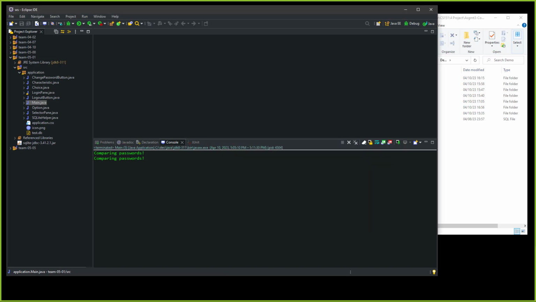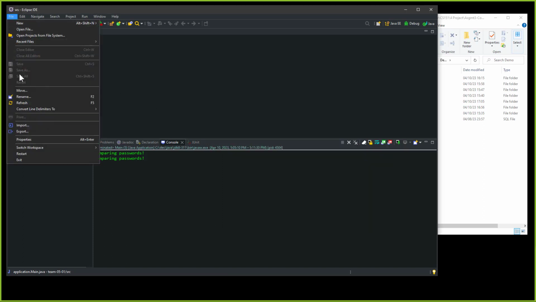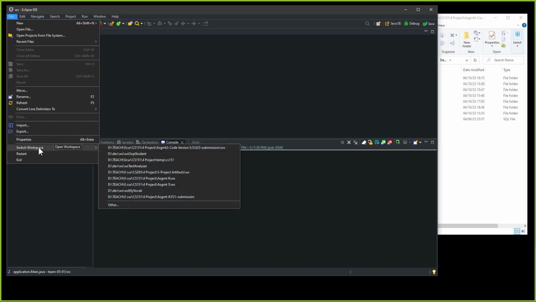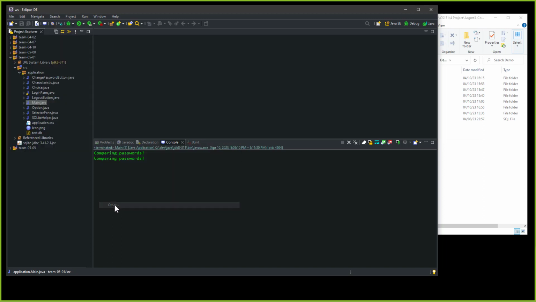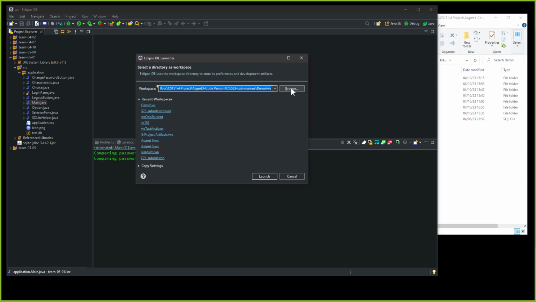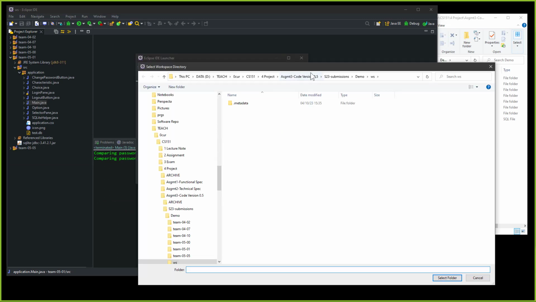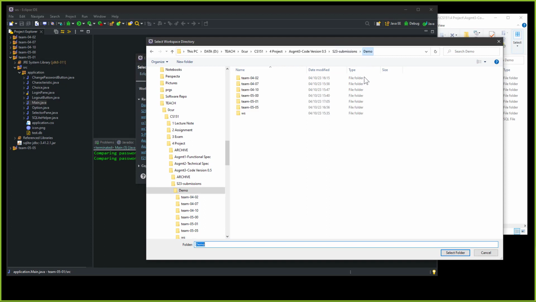You need to create a new workspace, switch workspace here, go to the other and browse that, okay? And for the demo, I am going to create another workspace here.